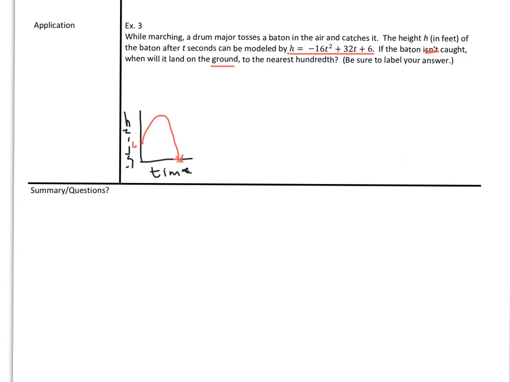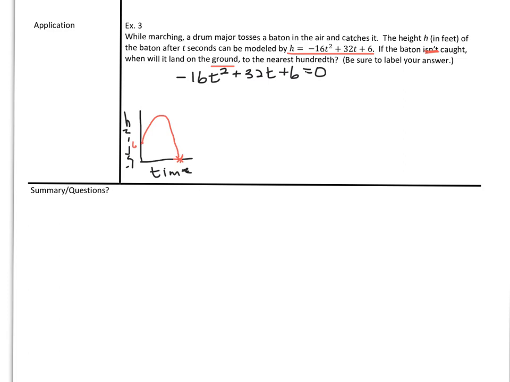To figure out the formula then, we're going to set the equation equal to the height we want it to land at, which will be 0. What we'll do then is take negative 16t squared plus 32t plus 6 and set it equal to 0. Now, thinking about solving, we have pretty big numbers here.